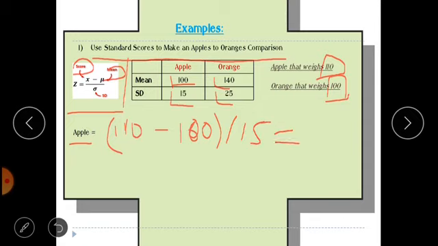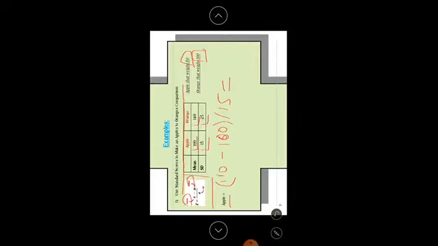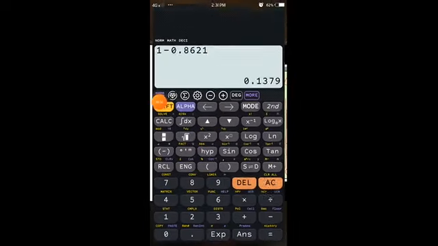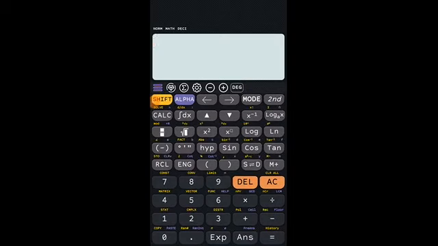Punta tayo sa ating calculator. 110, which is yung ating score, 110 minus yung ating mean na 100, is equal to 10, no? Divided by yung ating standard deviation.